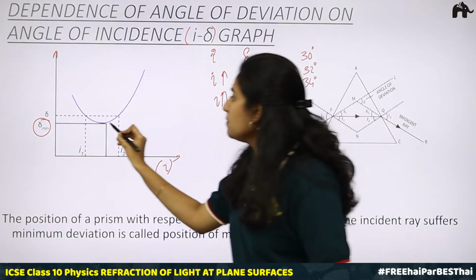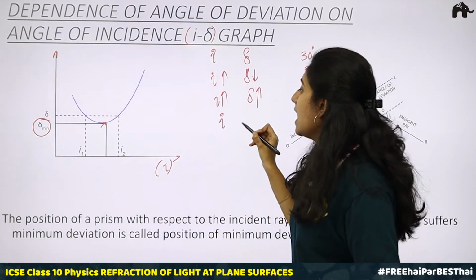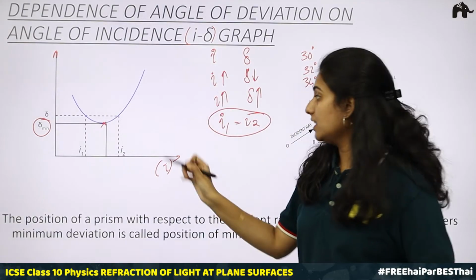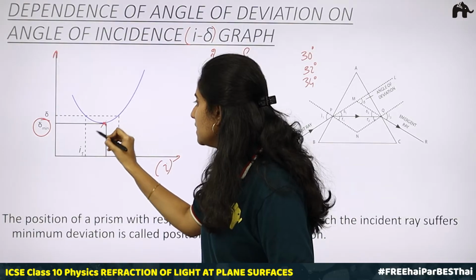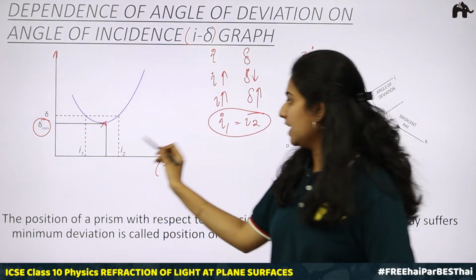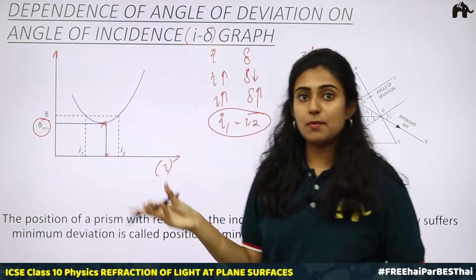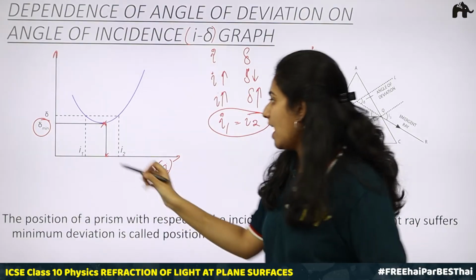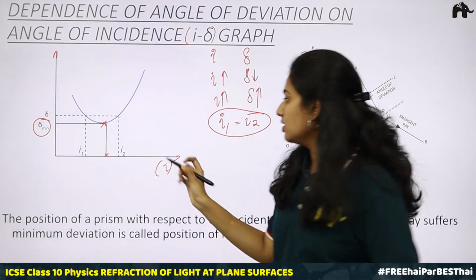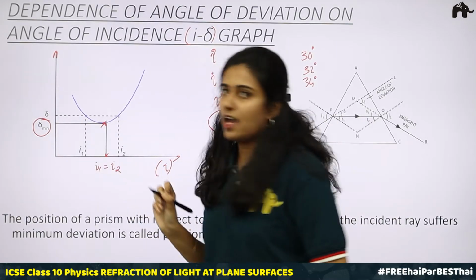At this point, you will be having the angle of incidence and the angle of emergence equal. From this point, when you draw a perpendicular to the x-axis, you will be getting an angle of incidence value. This value will be same as the angle of emergence as well. I1 is the angle of incidence and I2 is the angle of emergence. So, these two values will be equal here. I1 will be equal to I2.